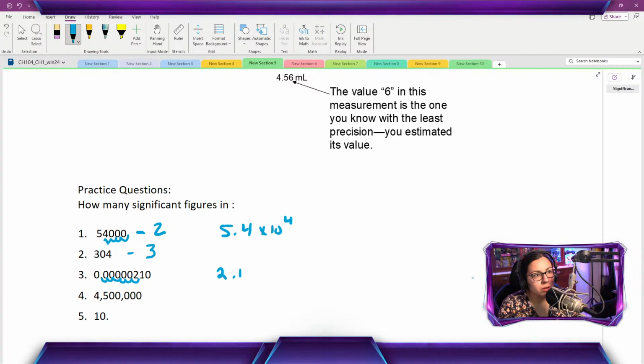So 2.10, right? Because we want to show, well, this is actually how accurate we're measuring. So 2.10 times 10 to the negative 6 there to rewrite this number. And so now this helps us clearly see that these leading zeros are just showing how small. So we only have 3 significant figures. Any questions?